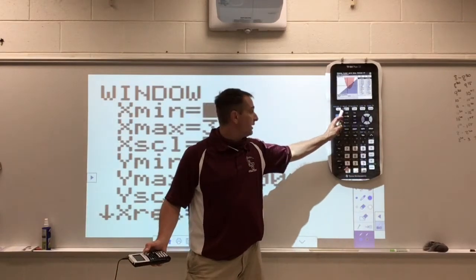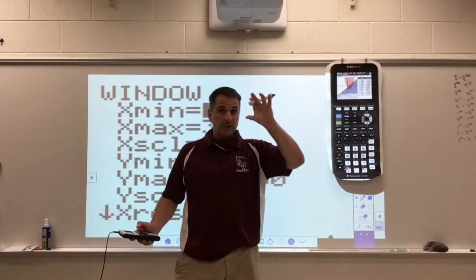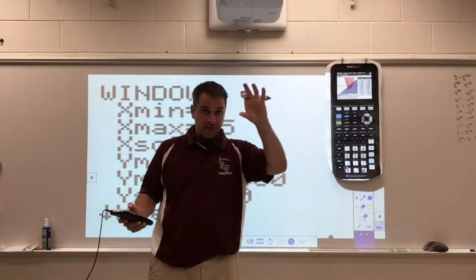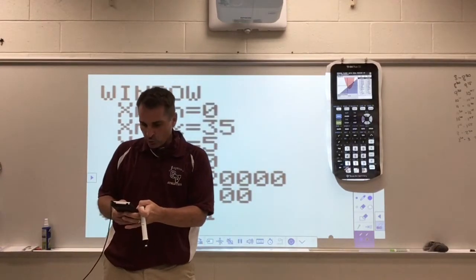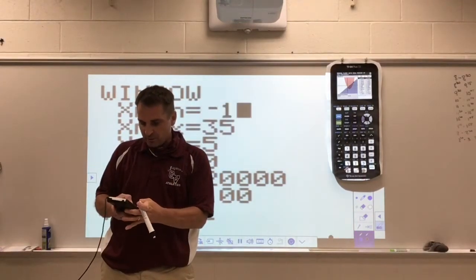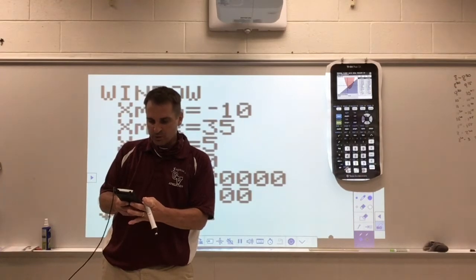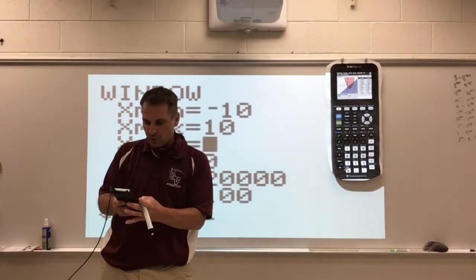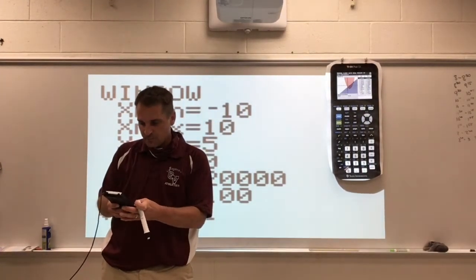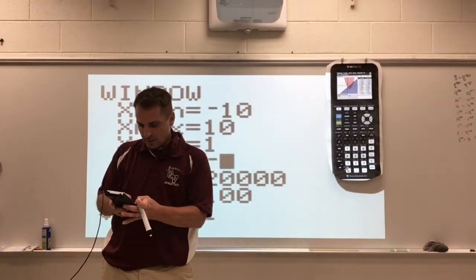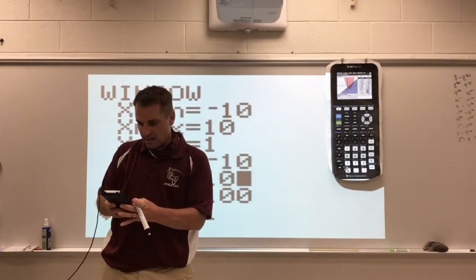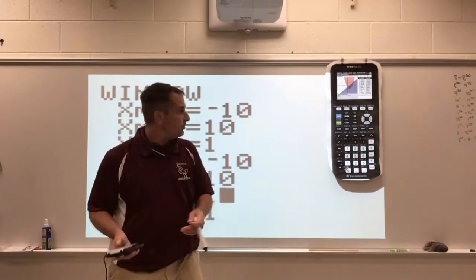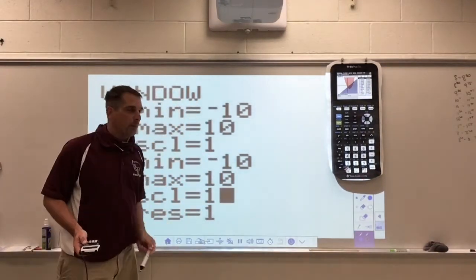It's going to expand or contract or shift our grid. Your window by default is -10 for your smallest X, 10 for your biggest X, scale of 1, and -10, 10, scale of 1. So this is what you have generically when you open this up.